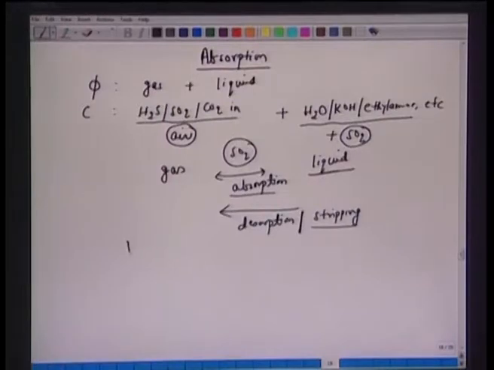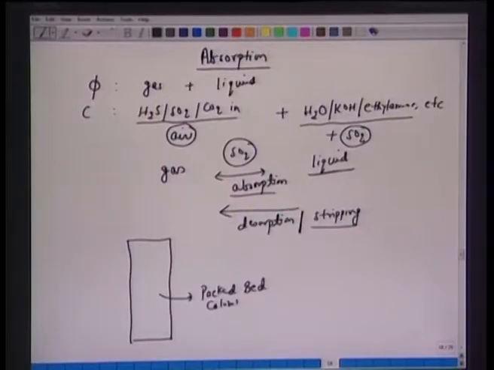Let us draw a column. And we call it a packed bed column. So, we will discuss the configuration of different types of packing. All we are seeing right now is a packed bed column. This air containing sulfur dioxide is brought in from one end. So, we can again mark some concentration here, mole fraction, let us say this is Y0. So, for the gas phase we use Y0, flow rate is given, say Gs.